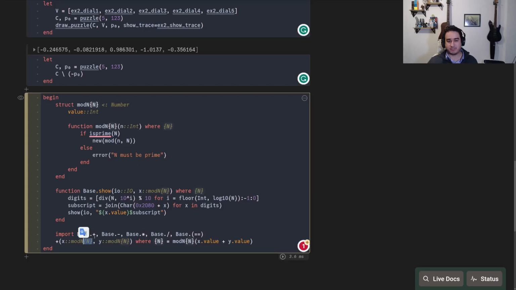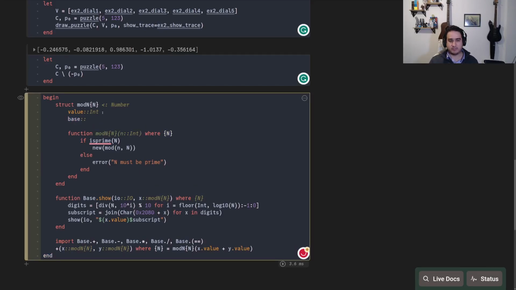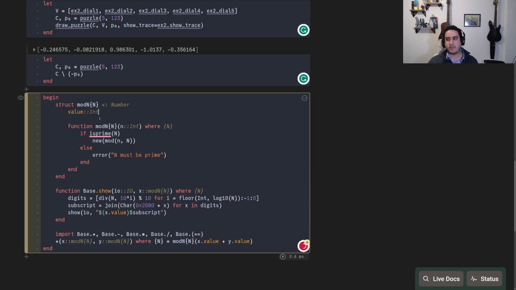If this were not explicit here and it was instead like a base number, I would have to check here that the base is the same. Here it is just a type, so it's always there. It's type stable, essentially. That's what I'm trying to say. But if you don't know what type stable means, it gets complicated. Let's not do that.